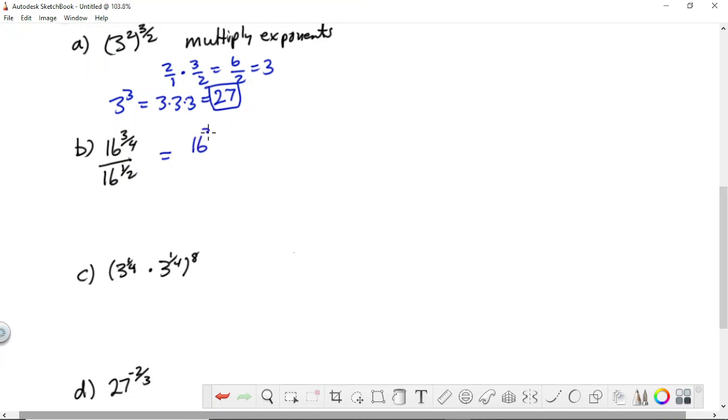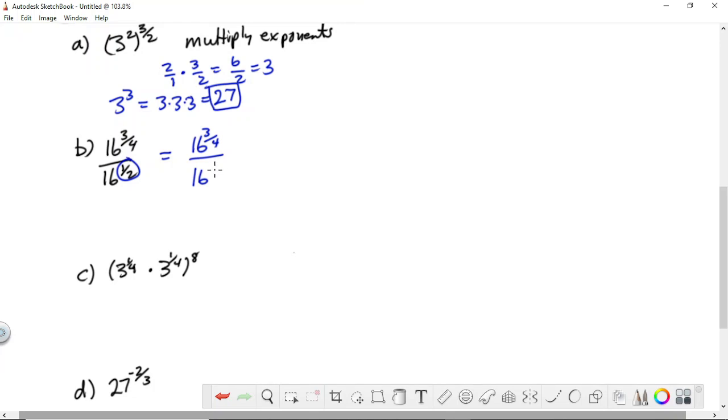So we could rewrite it like this, leaving 3/4, the exponent on the numerator, 16. And then let's write down 1/2 as the exponent in the denominator. We're going to write this again, but this time we're going to get the common denominator.